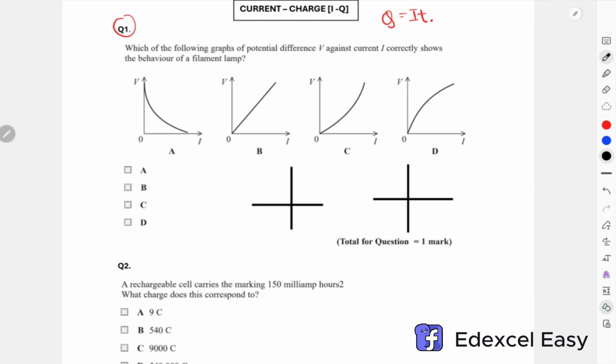These are the two axes. I will reverse the quantities on each axis. For example, in the first one, I will write I on the y-axis and V on the x-axis.